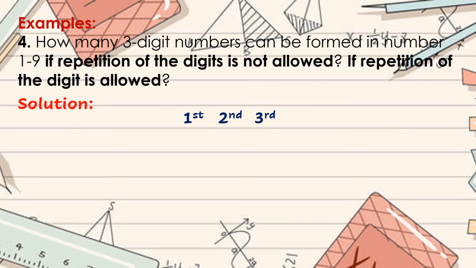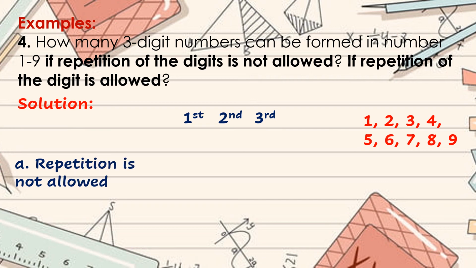For the solution, ayan, and these are the 3-digit numbers na kukunin natin from numbers 1, 2, 3, 4, 5, 6, 7, 8, and 9. Ayan. Unahin natin ang repetition is not allowed. Paano yon? For the first digit number, mayroon pa tayong 9 choices, right?